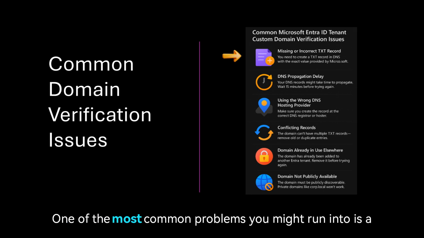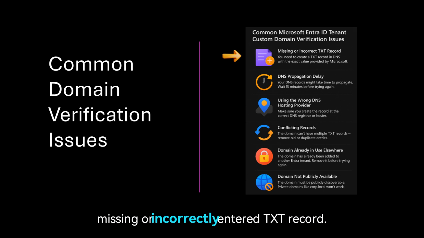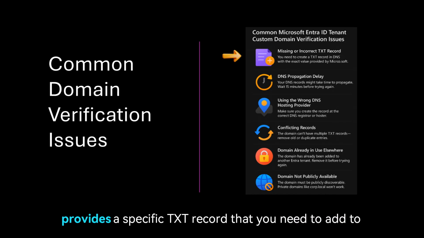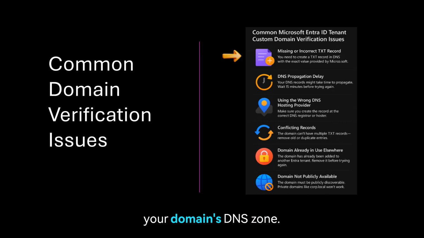One of the most common problems you might run into is a missing or incorrectly entered TXT record. After you add a custom domain in Entra ID, Microsoft provides a specific TXT record that you need to add to your domain's DNS zone.